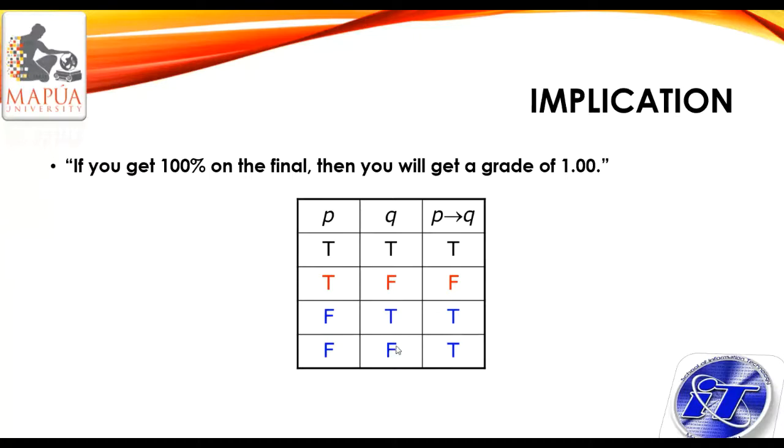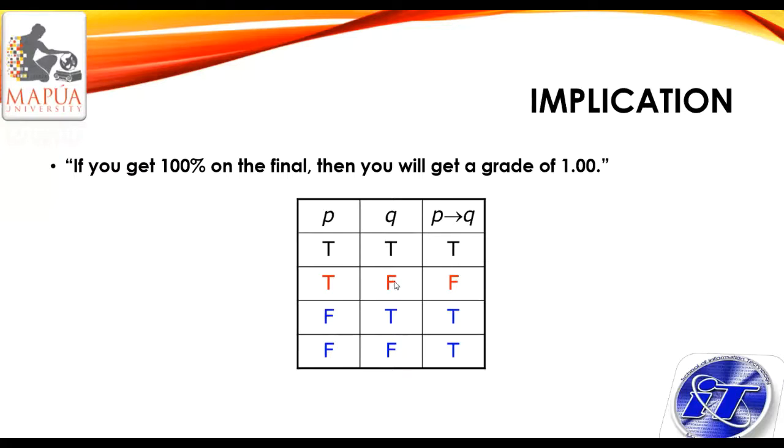False, false, the statement is true. But if not, we need to check the value of the consequence, just the consequence. If the consequence is true, like on the fourth row, false true, the consequence is true, so the statement will be true.